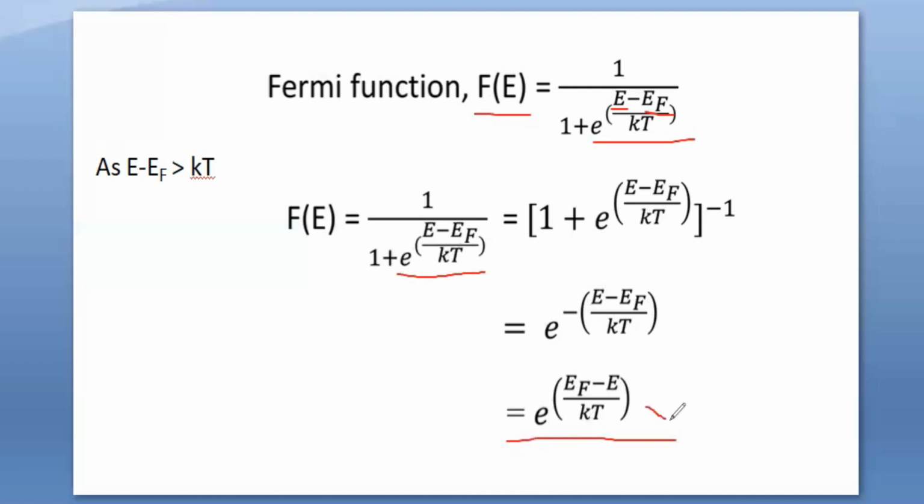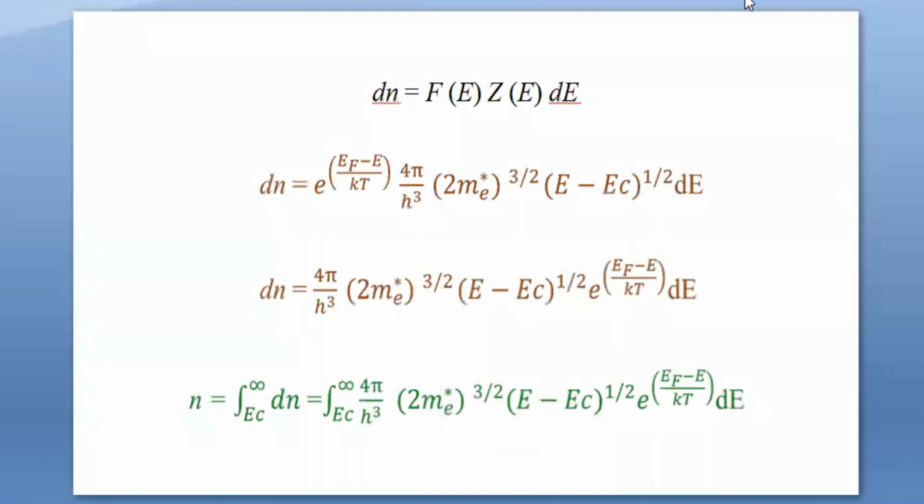So substituting this Fermi function and the density of states in our dN equation, we get dN is equal to F of E Z of E dE. Our F of E is e to the power of EF minus E by kT and Z of E is 4 pi by h cube, 2 me star power 3 by 2, E minus EC power 1 by 2 dE.